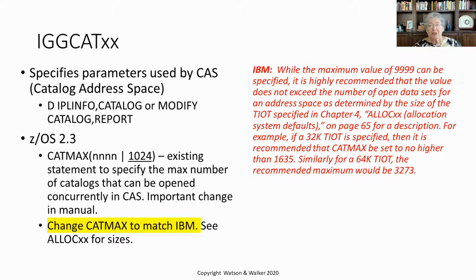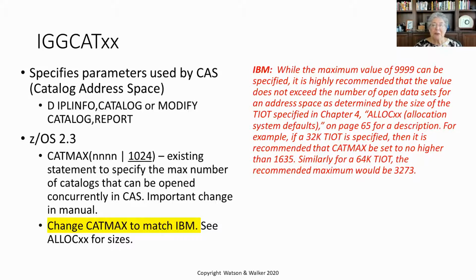they don't want you to waste memory. So this value should not exceed the number of open data sets for an address space as determined by the size of the TIOT specified in the ALLOC Parmlib parameter.